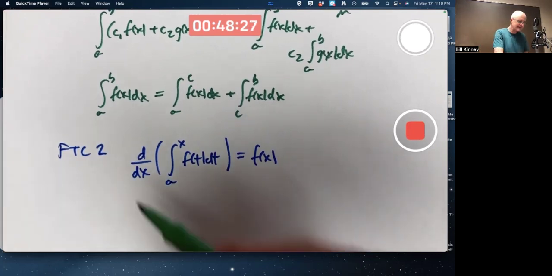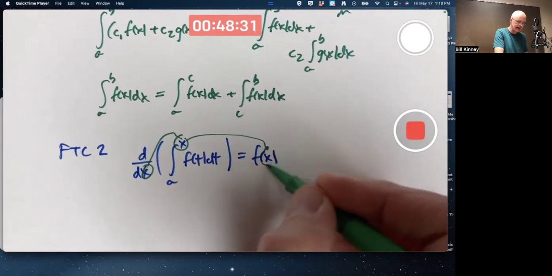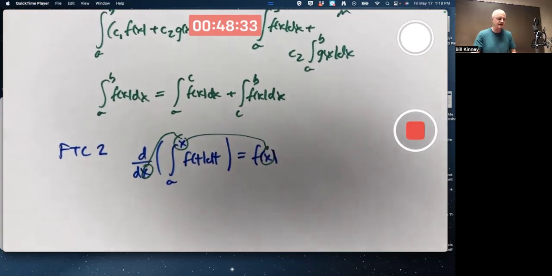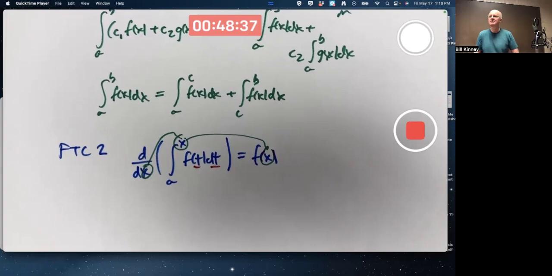And realize this x needs to match this x, needs to match this x. But the variable that I use in here doesn't matter. Don't pick a, x, f, or d for that other variable, because those are already being used. Pick a t or a u or a w or maybe a Greek letter or something.